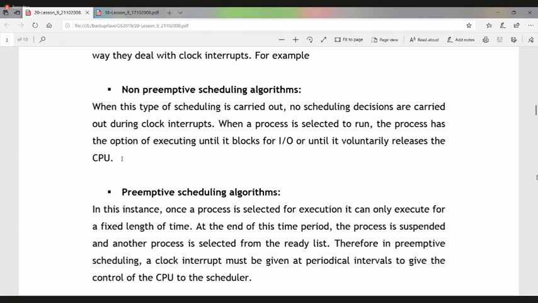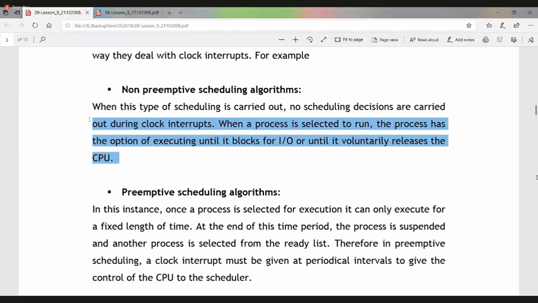So you don't worry about clock interrupts. If you get the CPU time, you can run until you complete your task, or until an I/O block or something. Okay? So that is non-preemptive scheduling algorithms.